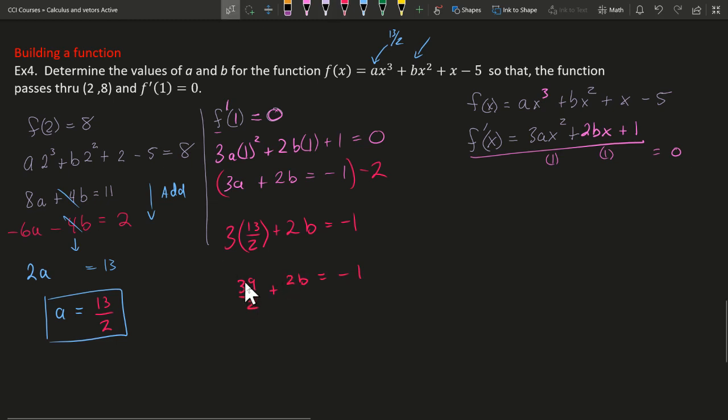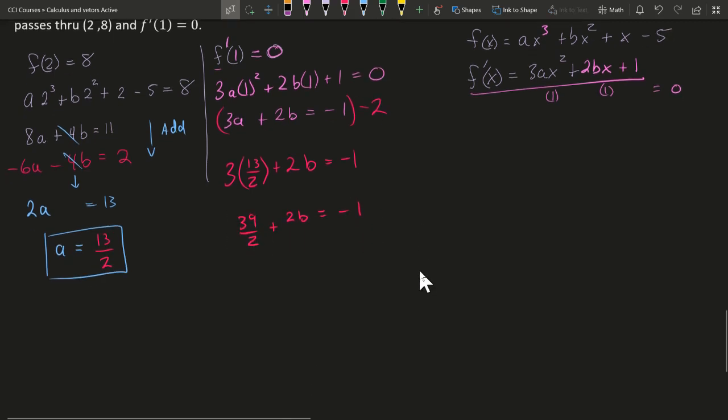Okay? I'm going to subtract my 39 over 2 over there. Okay? And so this guy's going to get subtracted over to here. And I'm going to get 2b is equal to a negative 2 over 2 minus 39 over 2.